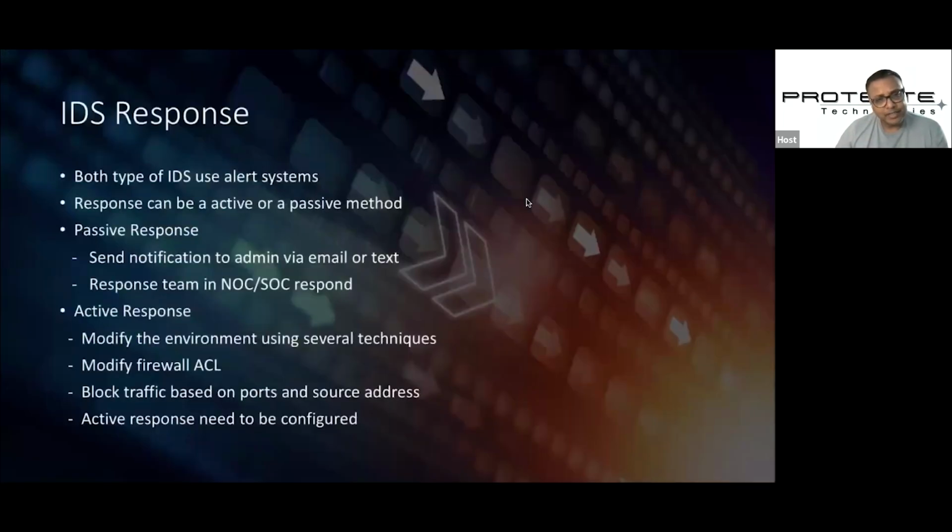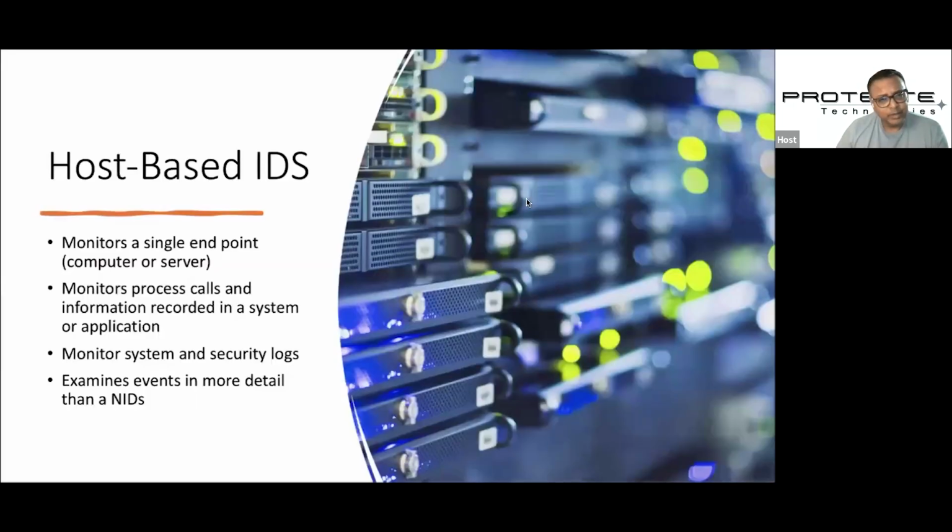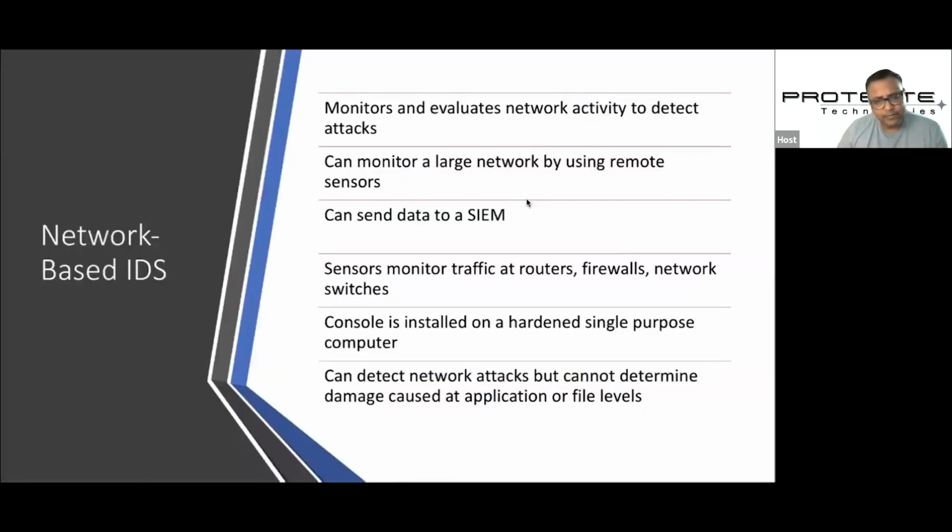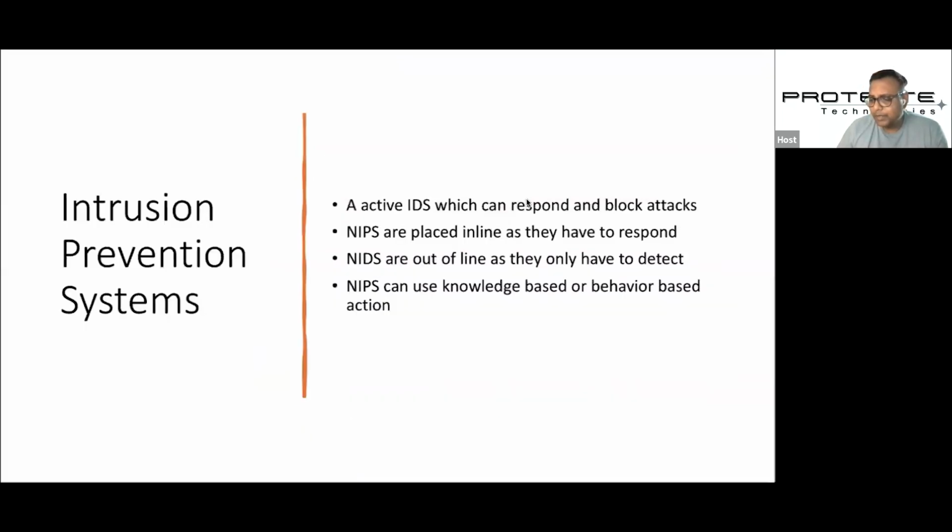So IDS can respond with a passive response or an active response. What is the passive response? It just notifies the members in the team. Active response, it modifies the environment, it modifies the firewall to stop the attack. There are two kinds I told you, host-based IDS and network-based IDS. I already told you. Okay.